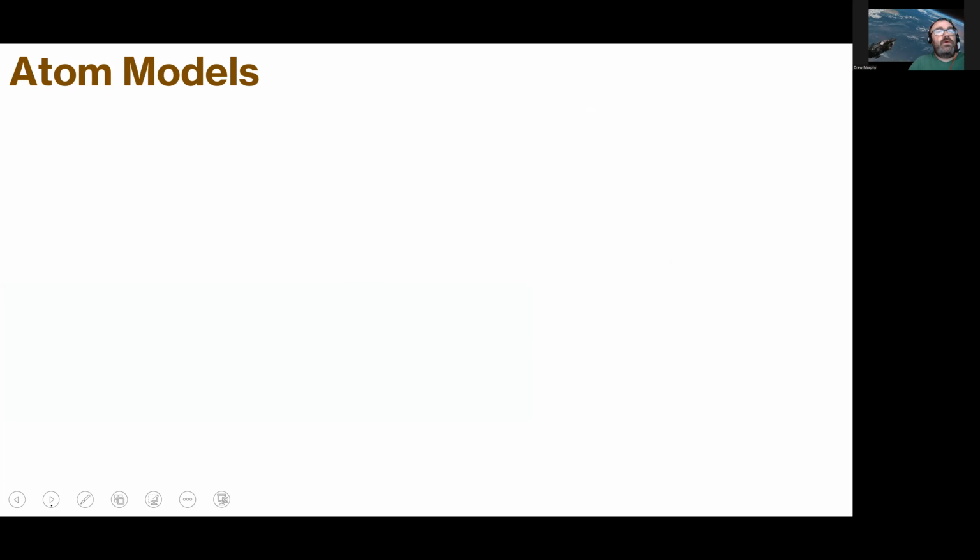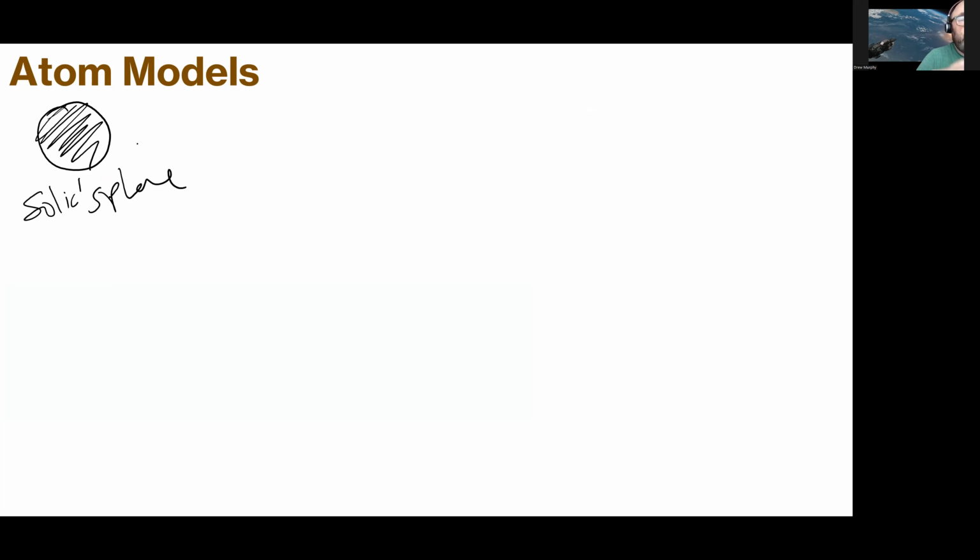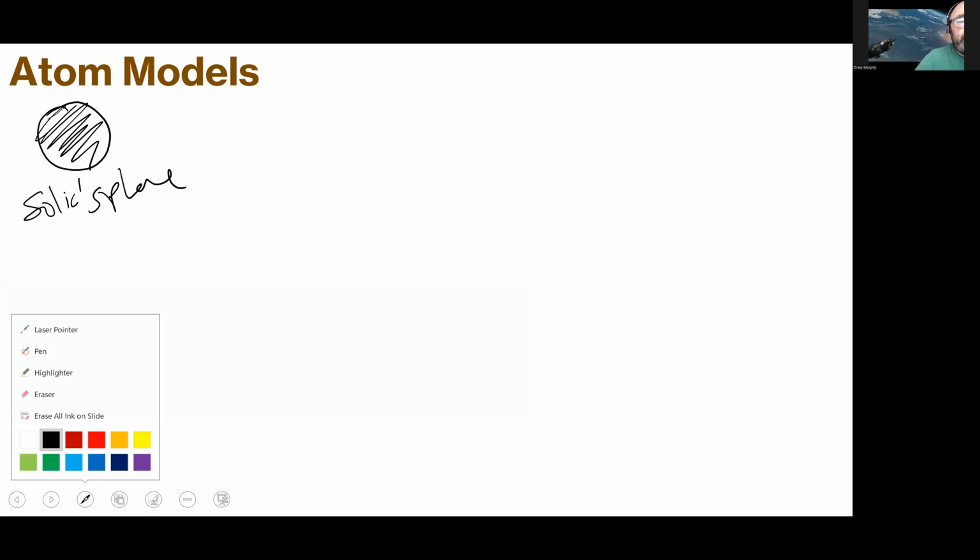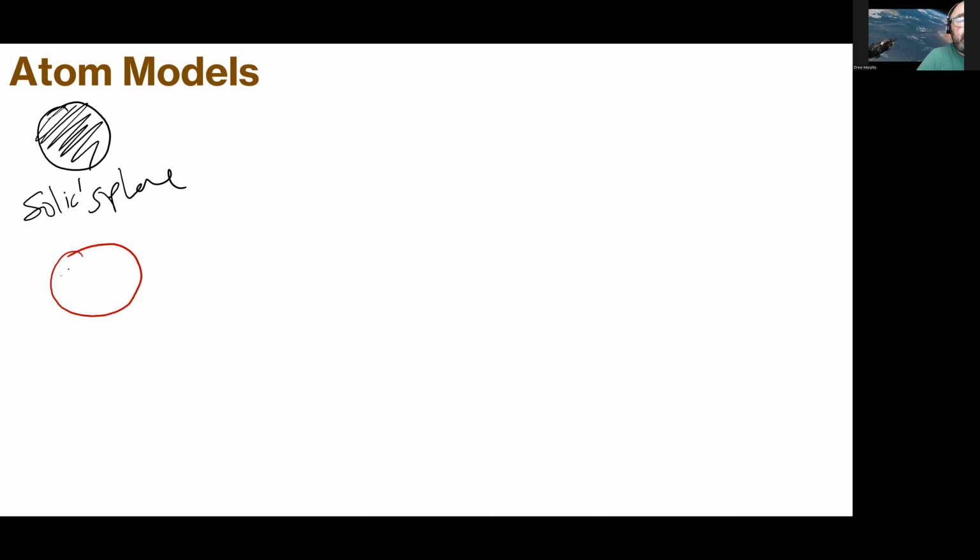If we think about this, let's review what we know already. We started off with a solid sphere. This was Dalton's model. Then J.J. Thomson and Millikan came around and said, "Oh, wait, there's electrons."